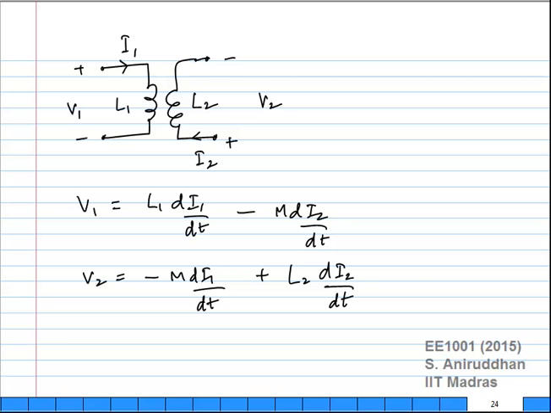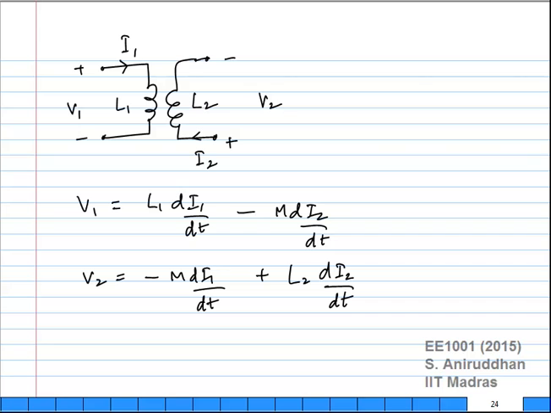I also pointed out that once you choose the voltage and current directions for one coil, there is an ambiguity about how you choose the voltage and current directions for the second coil. Because you could choose, as shown in this figure, V2 and I2 in the opposite directions. As far as that inductance itself goes, it is self-consistent.